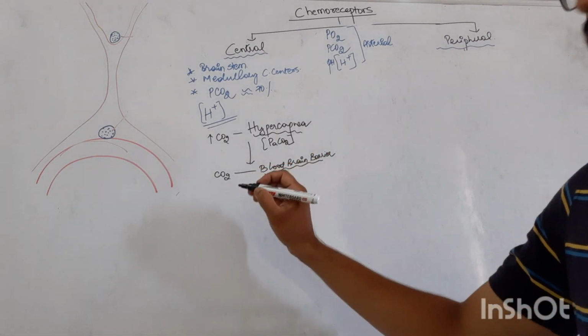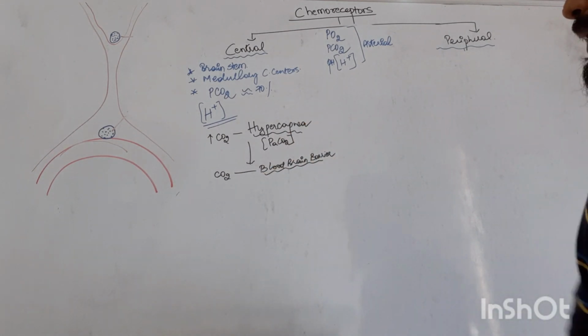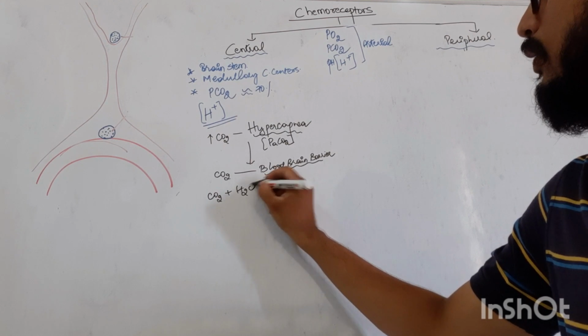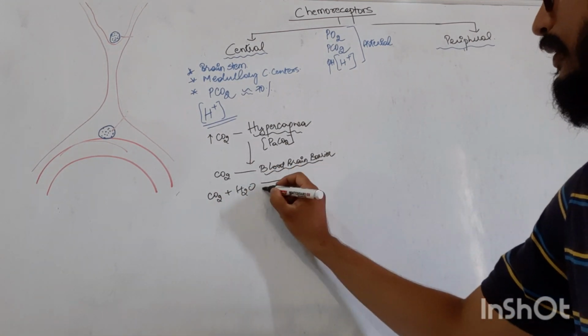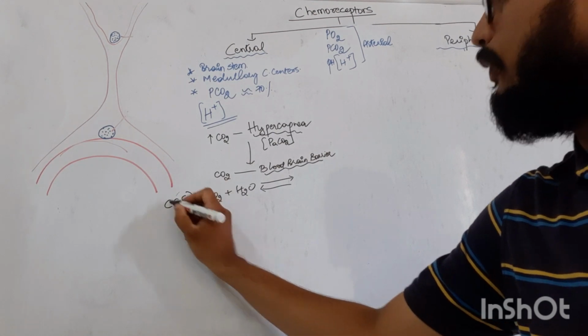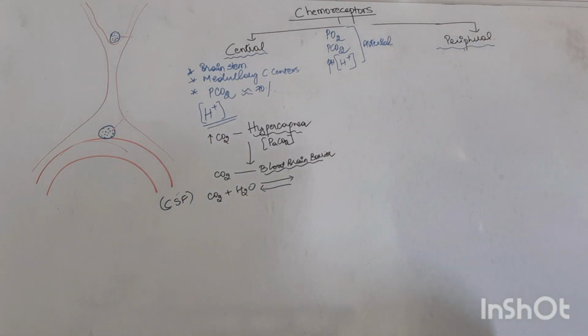So when it crosses the blood-brain barrier, the carbon dioxide goes for the hydration reaction with the water that is present in the cerebrospinal fluid, or the extracellular fluid there.